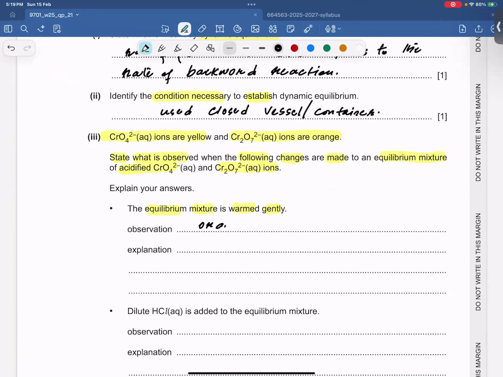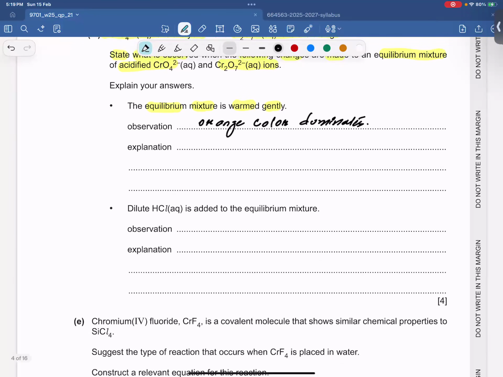Observation. Orange color dominates. Why? So the forward reaction is endothermic.